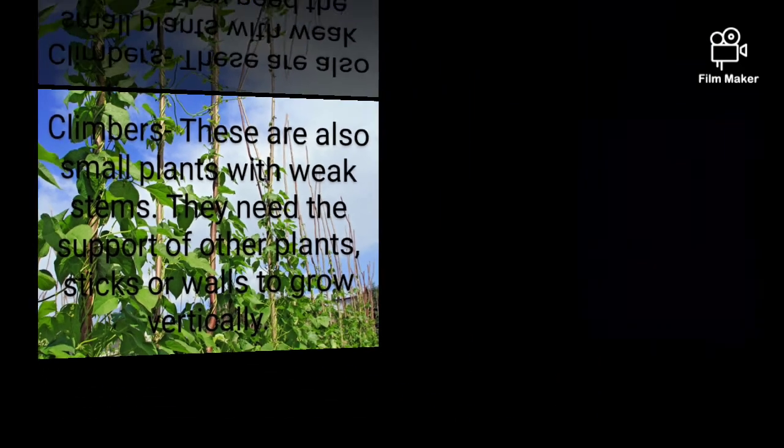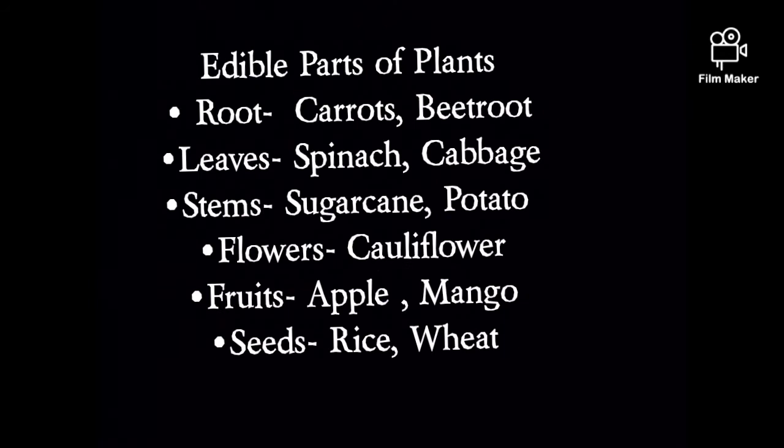Now we will talk about the edible parts of plants. When we say edible parts, this means the parts of the plants which can be eaten. For example, we eat the stems of some plants, roots, leaves, fruits, or flowers.